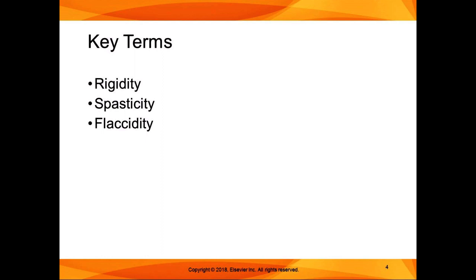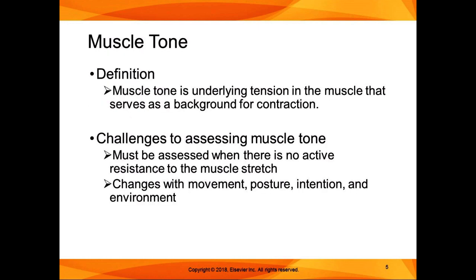So when we're talking about muscle tone, we're talking about an involuntary reaction. So it's not a muscle contraction, and it's not a motion restriction. There is some sort of involuntary change in the muscle itself, whether it's guided by the nervous system or internally.